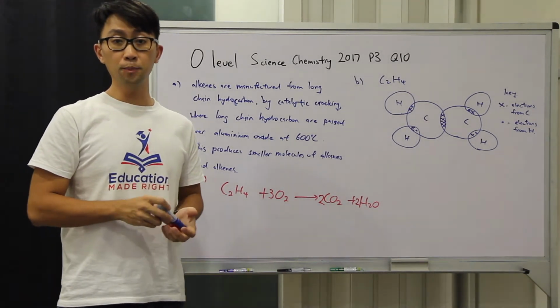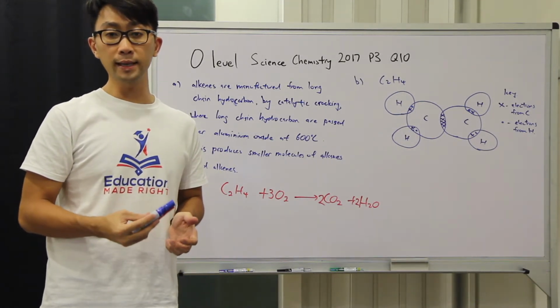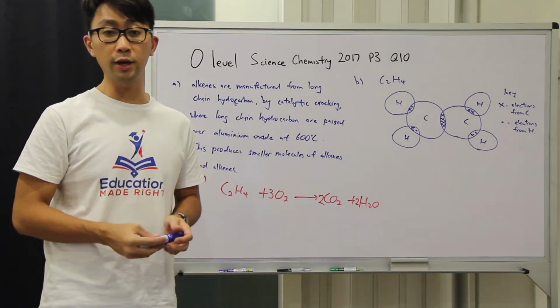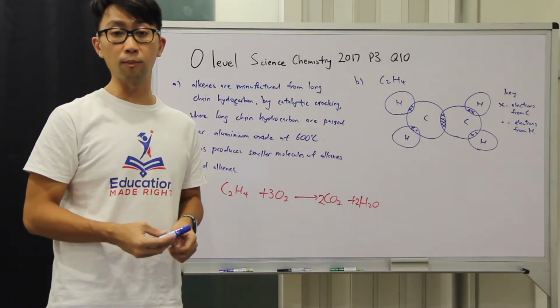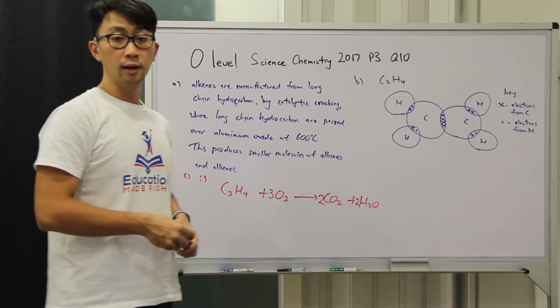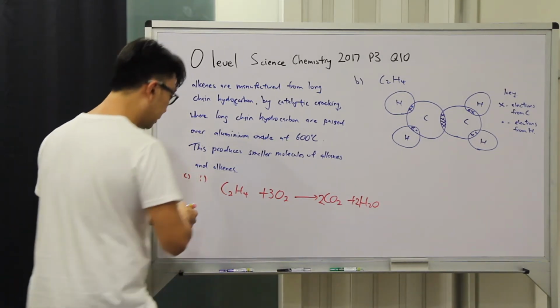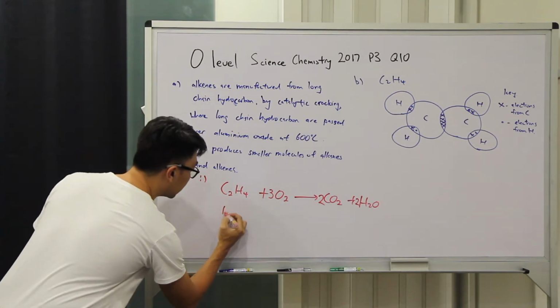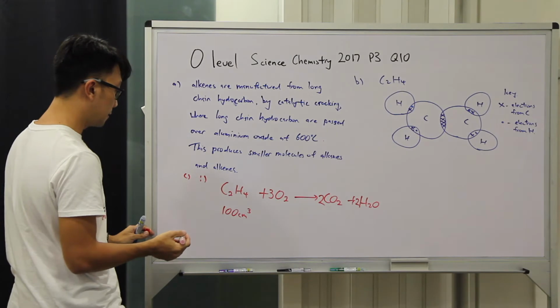Alright, so part (ii). Use your equation to determine the volume of gas formed at room temperature and pressure when 100 cm³ of the alkene burns completely in oxygen. Alright, so we have 100 cm³ of alkene. That means we have 100 cm³ of this.